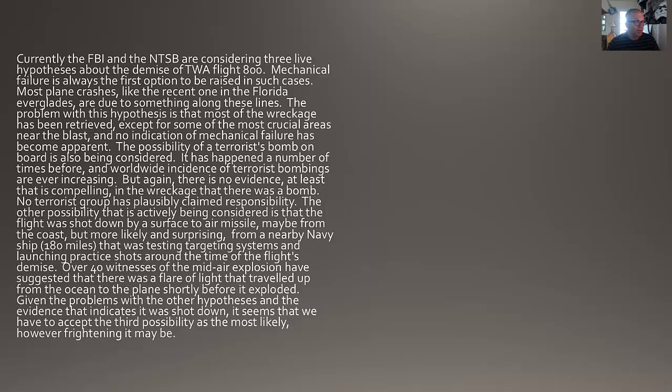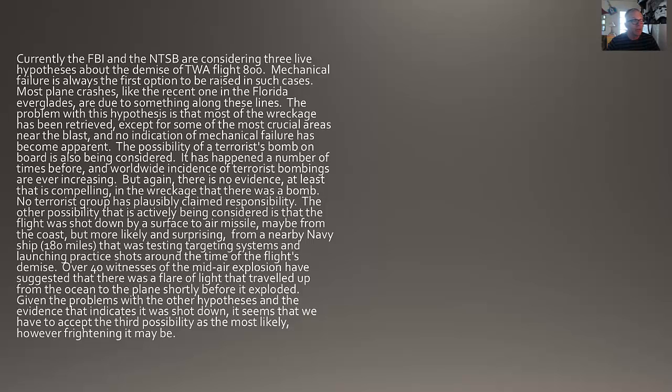The other possibility that is actively being considered is that the flight was shot down by a surface-to-air missile, maybe from the coast, but more likely and surprisingly from a nearby Navy ship that was testing targeting systems and launching practice shots around the time of the flight's demise. Over 40 witnesses of the mid-air explosion have suggested that there was a flare of light that traveled up from the ocean to the plane shortly before it exploded.